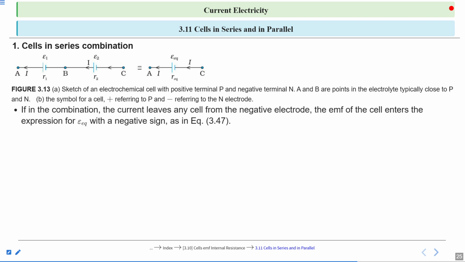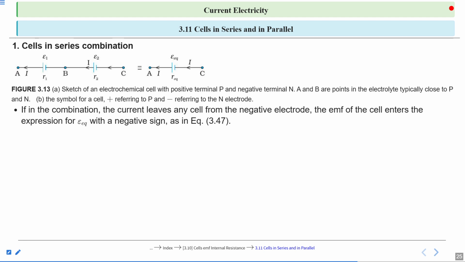If in the combination the current leaves any cell from the negative electrode, that is, the cell is connected wrongly, the EMF of that cell enters the expression for the equivalent with the negative sign. Like we have done, if we connect the second cell in the opposite direction, then E2 will be minus E2.